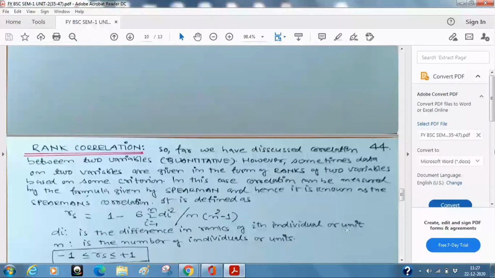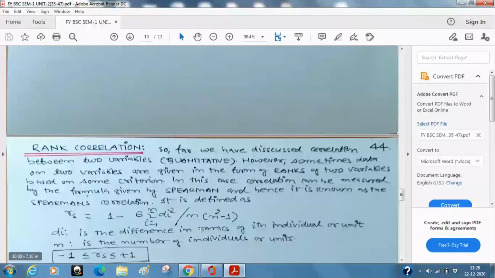We simply sometimes rank cities also, not only individuals, for example which city is safest in terms of investment. There are so many studies conducted by Economic Times and Financial Times that say these cities are safest from a living standard, security or investment point of view. So in that sense it can be just a unit also. So di is the difference in the ranks of the ith individual or unit.